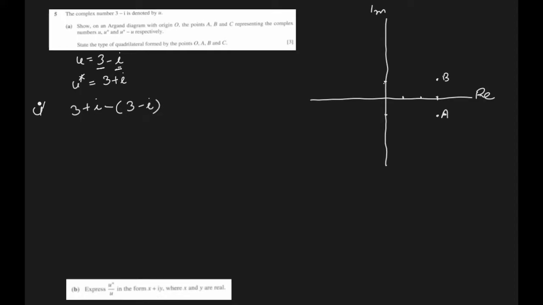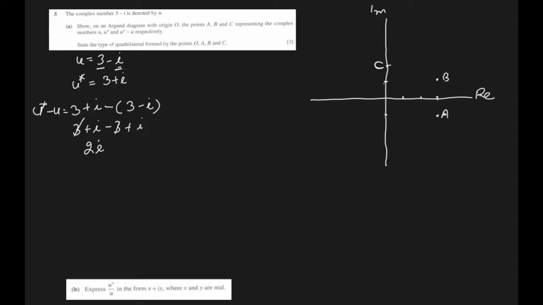So it will be 3 plus i minus 3 plus i. 3 and 3 cancel, 2i. So 2 imaginary parts. So this is 1 and this is 2. This is C. Okay. Anything else?